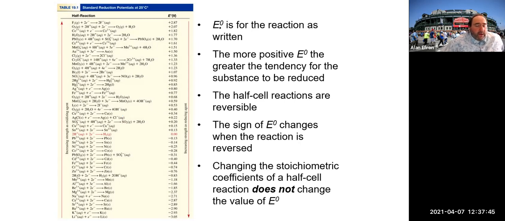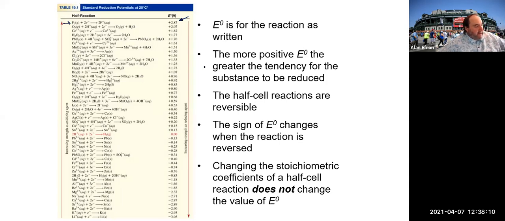First off, when we see the E value or the SRP value, it's for exactly how the reaction is written. Now you can see this reaction, it's not important, but it is written as a reduction reaction. How do we know, when we're pulling off an SRP table like this one or the previous one that we saw, which one is our anode or cathode?